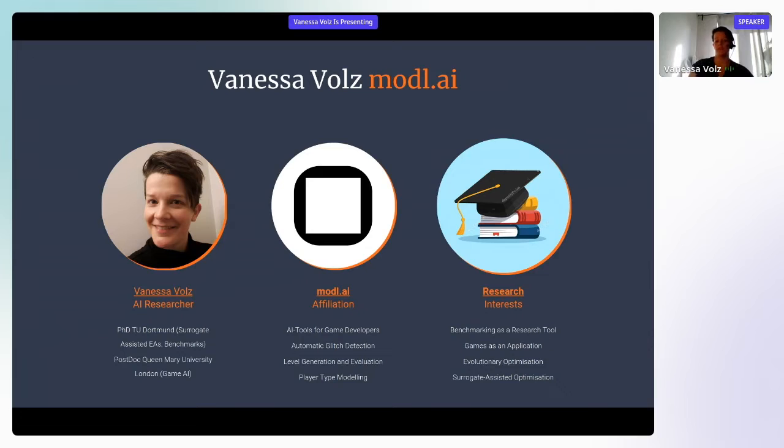Now, we don't just do automatic testing, we also do generation of puzzle games, and that's going to be my main topic today. The main idea behind modl.ai is to bring state-of-the-art AI research and make it accessible to game development.